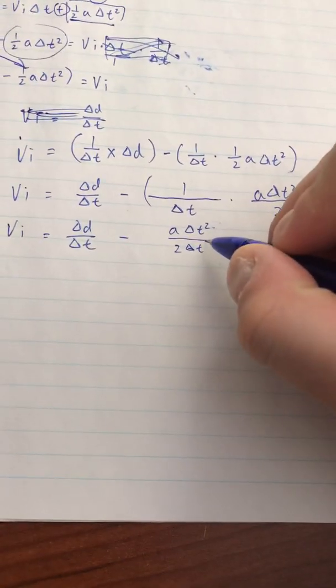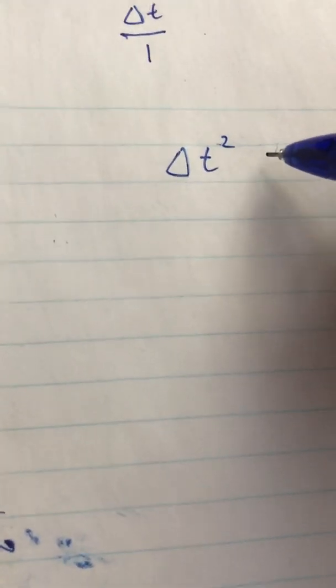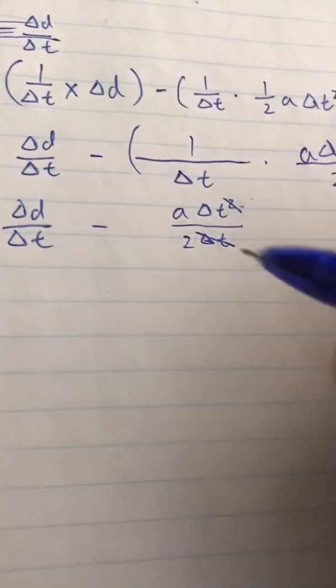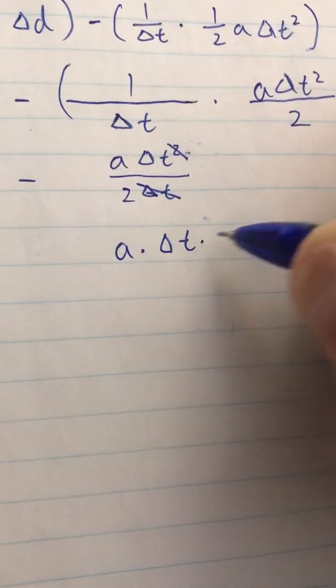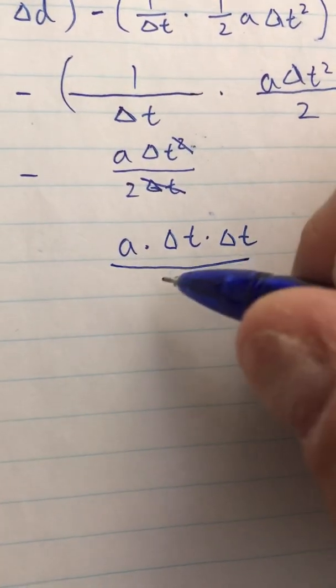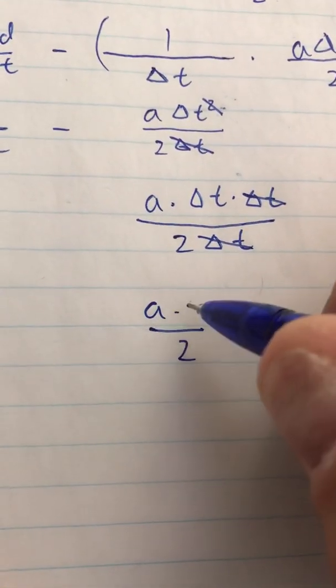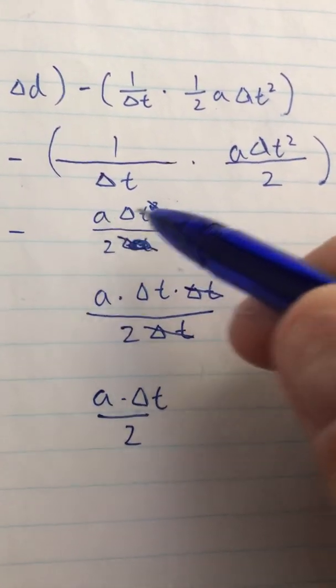So to get rid of this 2, we simply scratch delta T and this delta T. Because delta T squared actually means delta T times delta T. And so this part simply equals A times delta T times delta T over 2 delta T. And the delta T's are gone, and the whole thing is just A times delta T over 2. So no square, only A times delta T over 2.